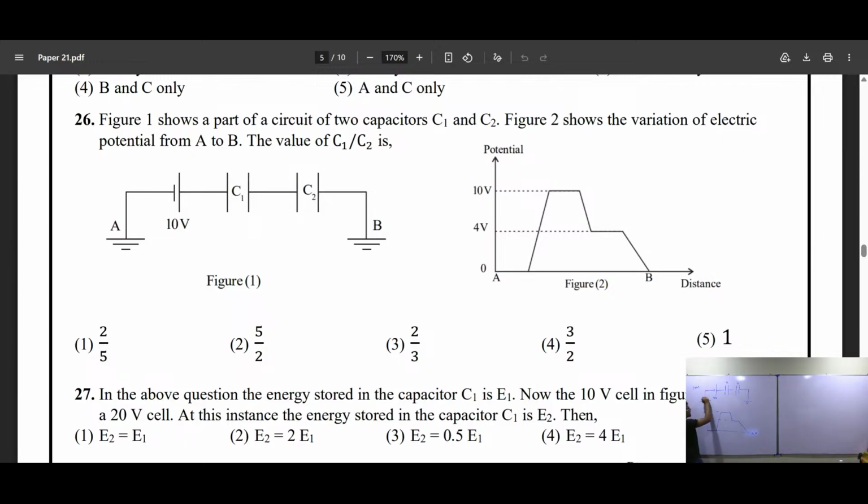This point is A and this point is B. We need to find the ratio between C1 and C2.